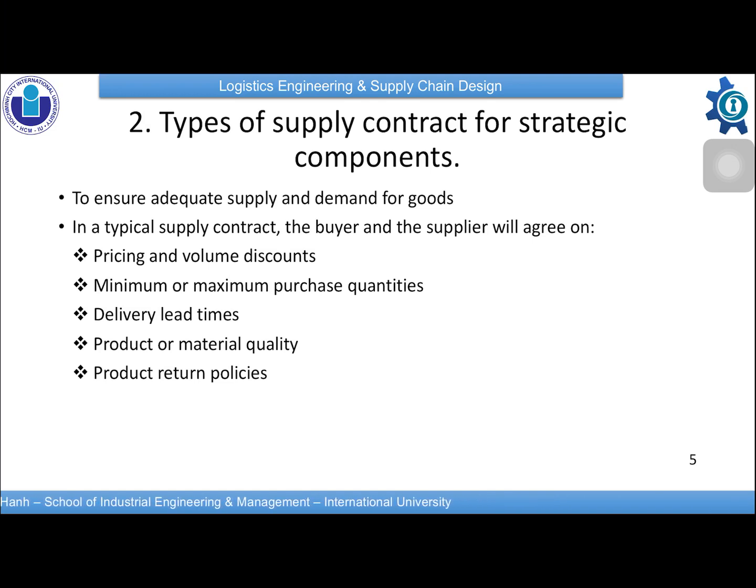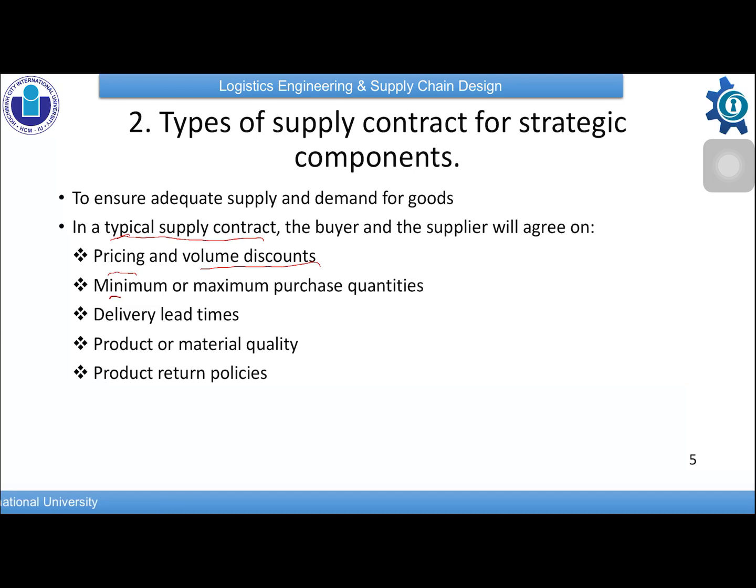And in a typical supply contract, what terms will they try to agree between the buyer and the supplier? First one is the price and the volume discount.